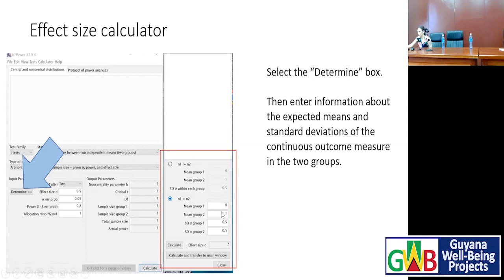So here you're entering the mean for group 1 and 2 and the standard deviation. It's going to be a situation where you'll have to have some information from a pilot study or from other studies that people have done, where you might be able to fill in values.